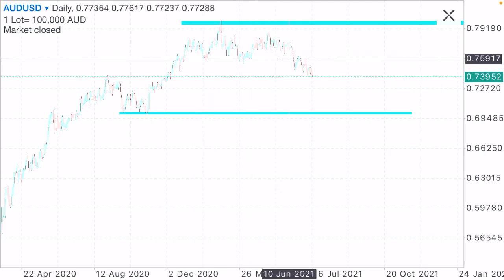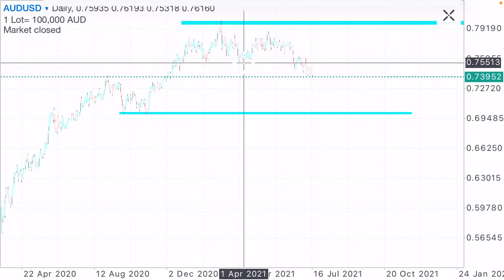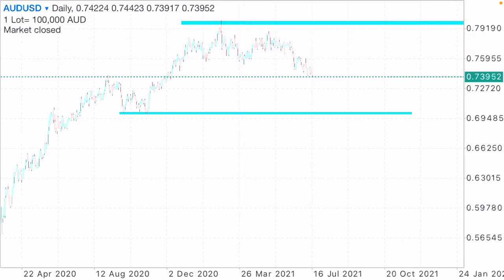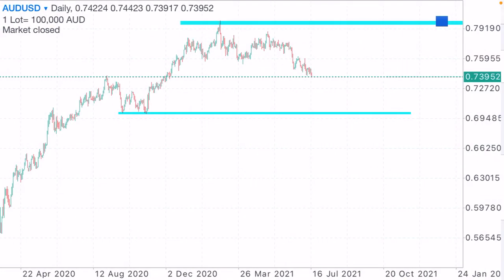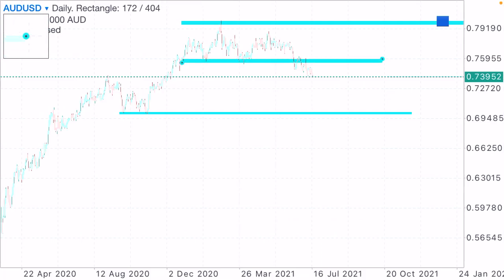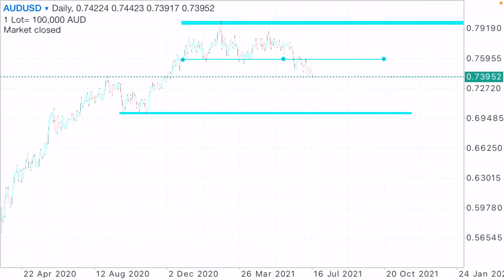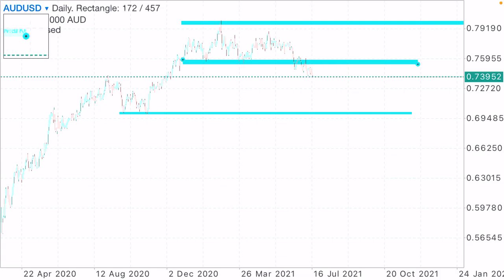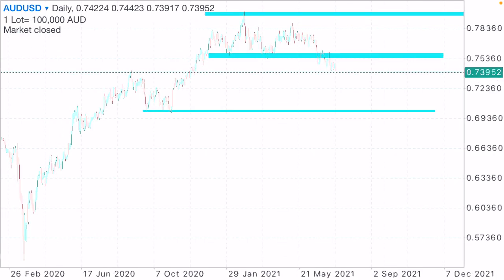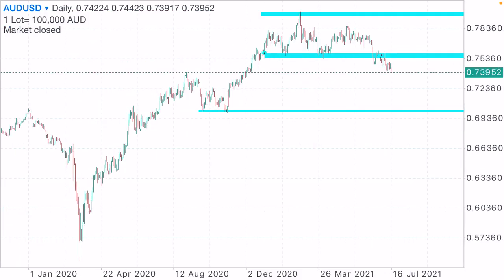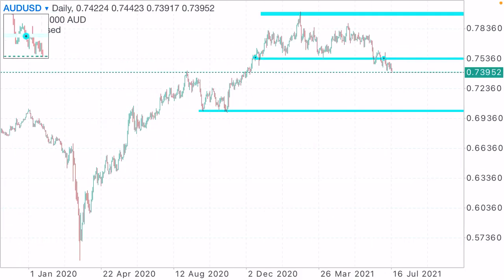I'll mark this as a zone, as my middle zone there. I'll also pick another tool and plot my zone there. That's how it comes out, like that. So I just connect those tips there.